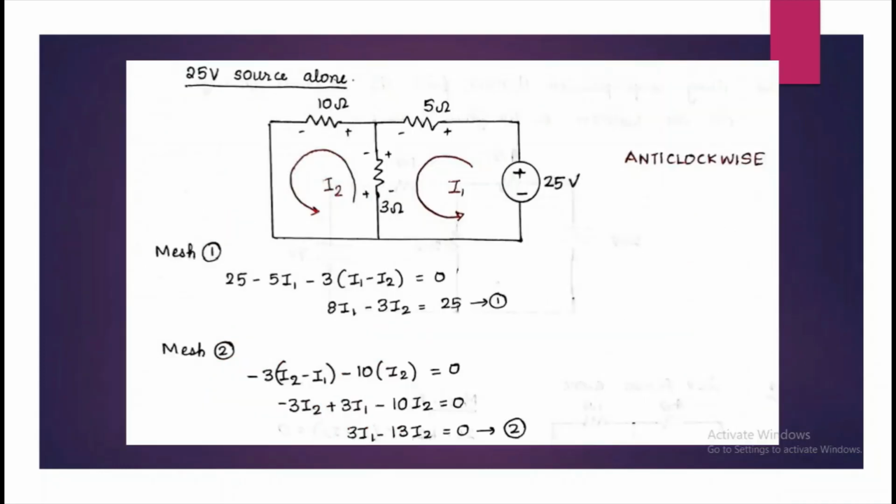Next, consider the 25 volt source alone. So let's short circuit the 50 volt source. Now find the currents I1 and I2 using the mesh analysis method. But here we have to consider the current in the anti-clockwise direction since the source is present on the right hand side alone.